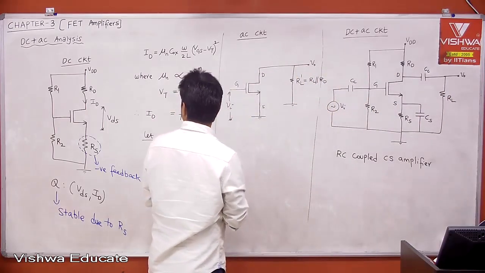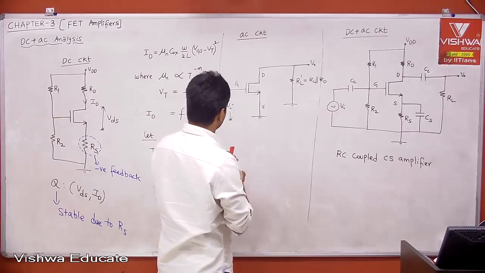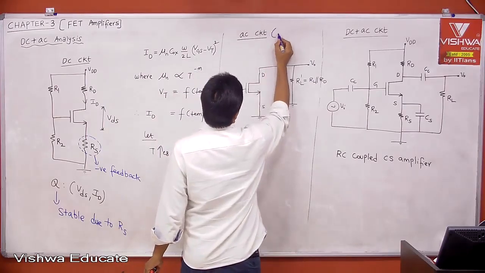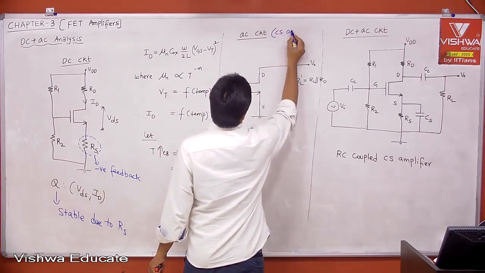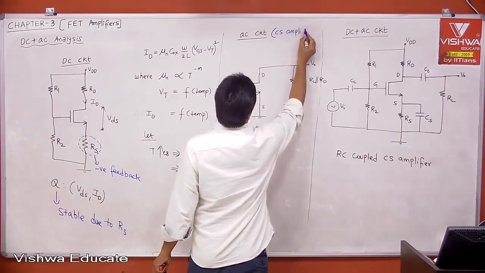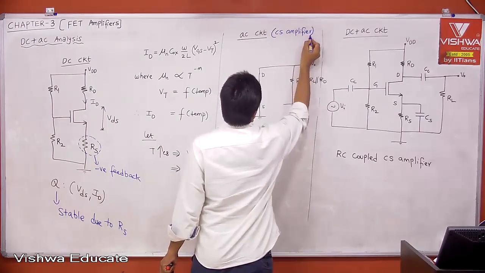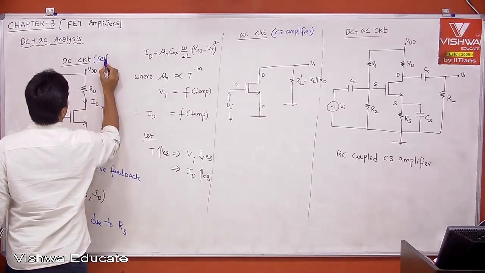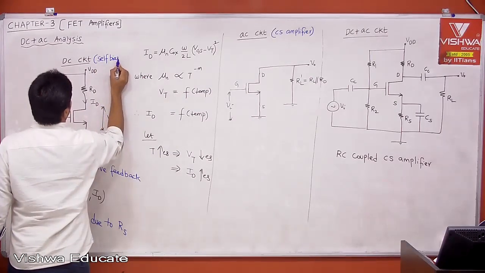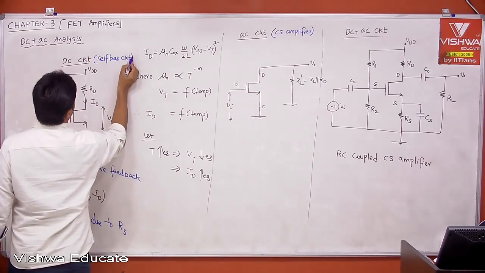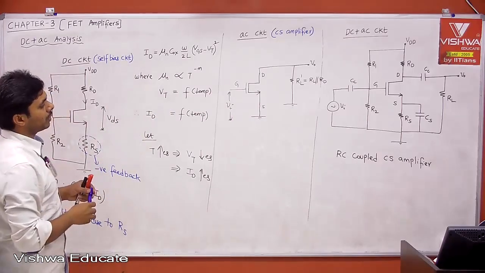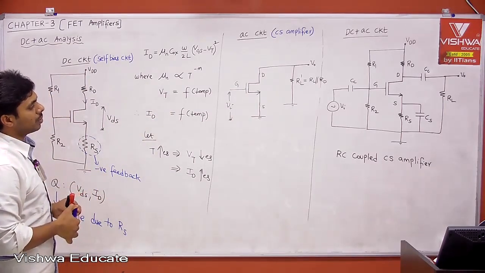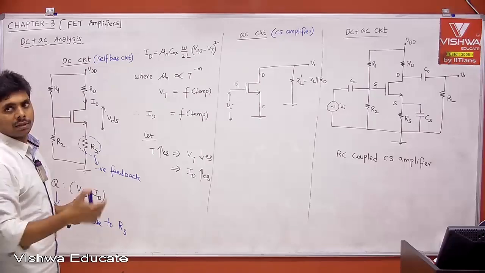Therefore, this is your common source amplifier, this is the CS amplifier, and this is the self bias circuit. Okay, take it. Therefore, this is our MOSFET final circuit, which is the RC coupled common source amplifier.